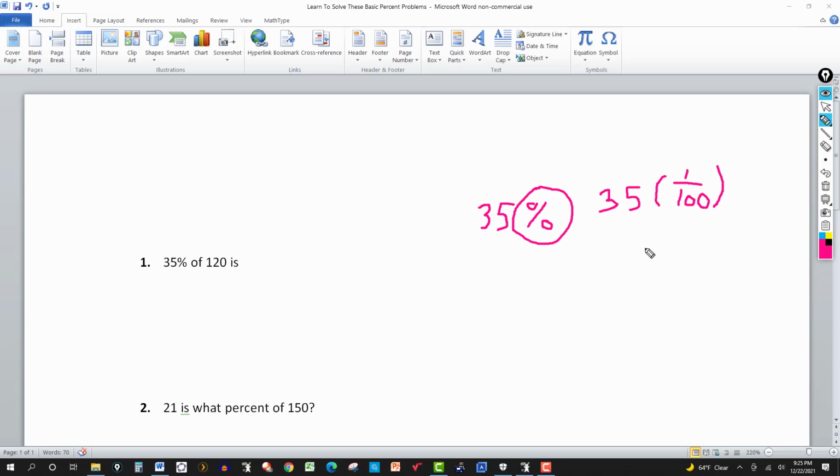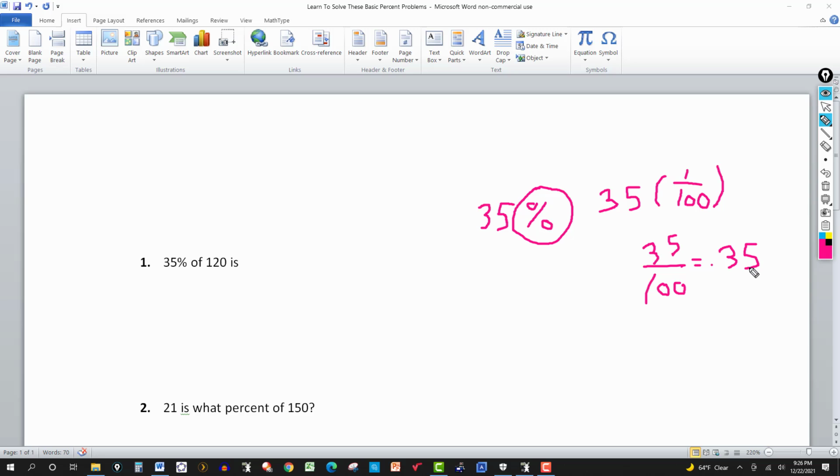If I multiply this out, I get 35 divided by 100. And if I divide this out using long division or using a calculator, this is going to give me 0.35.